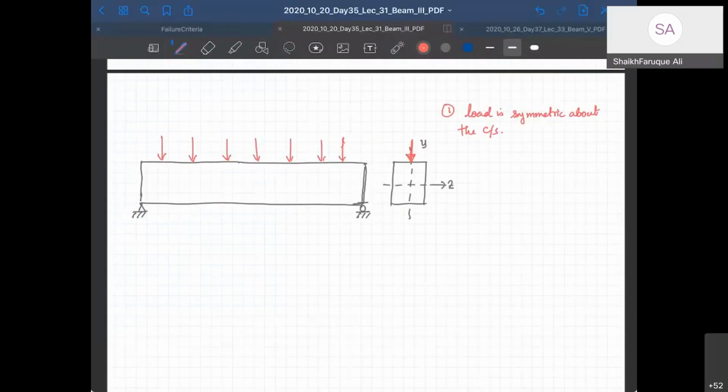Unsymmetric loading will create twist. In a beam we say out of plane bending, so this is not creating any twist or any out of plane bending.